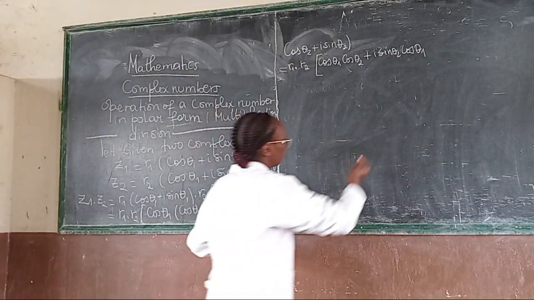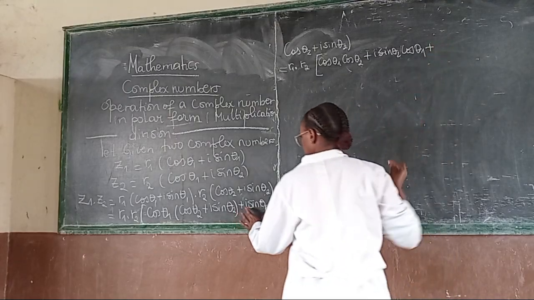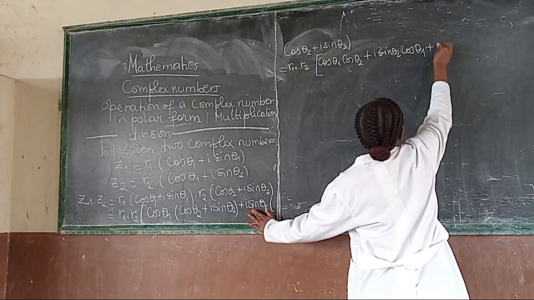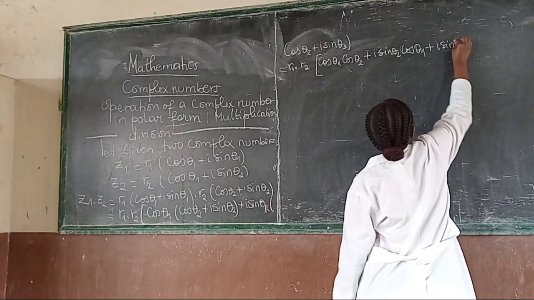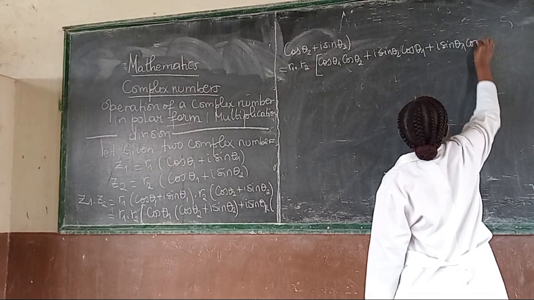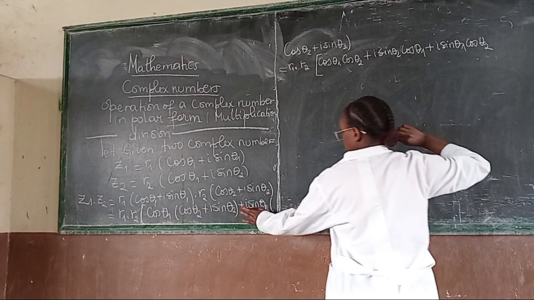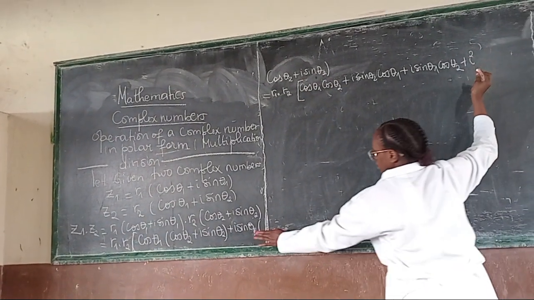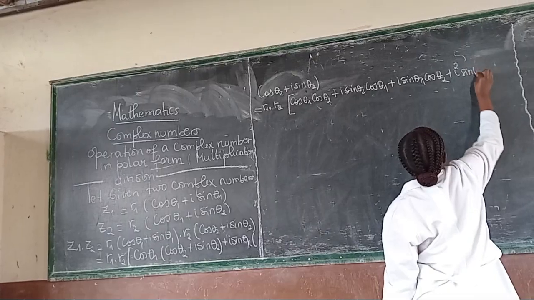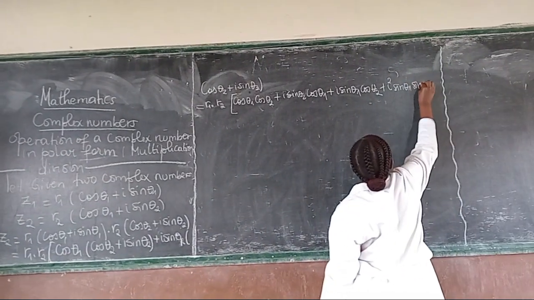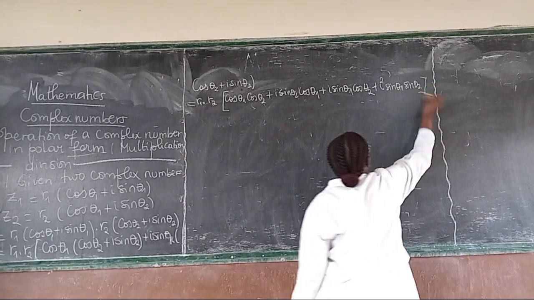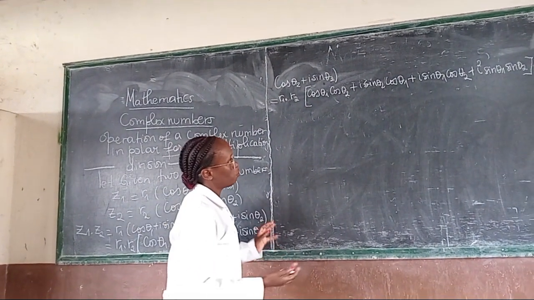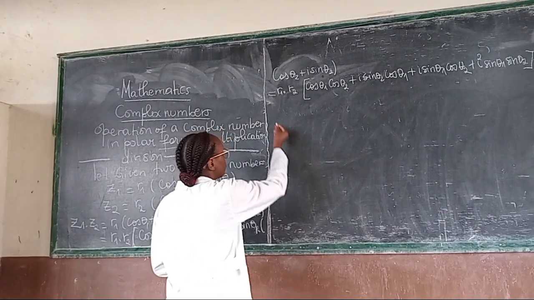Then plus I sin theta 1 multiplied through this next one, we have I sin theta 1 cosine theta 2. Then this term times this term here we have I squared sin theta 1 sin theta 2. So you see what we are going to have here. We are going to put the real part together and the imaginary part together.